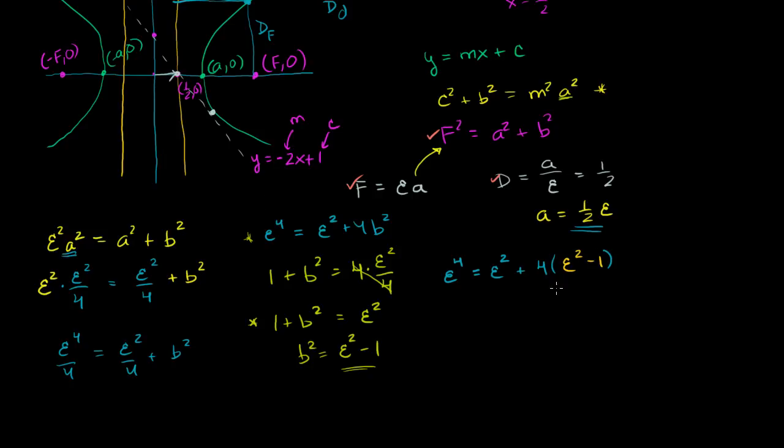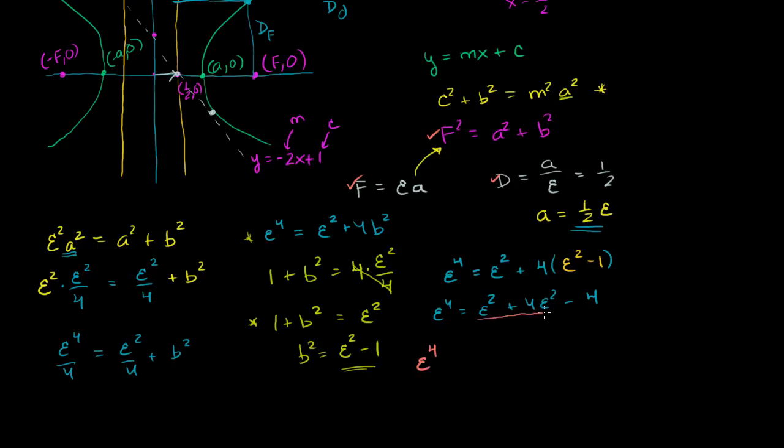And now we have a 4th degree polynomial in eccentricity. But let's see if we can still solve it. Hopefully, they're not going to give us something too painful. So we have the eccentricity to the fourth is equal to eccentricity squared plus 4 times the eccentricity squared minus 4. Now let's bring all of that onto the left-hand side. So we're going to subtract all of this from both sides. And we get, I'll write this in a new color, the eccentricity to the fourth power.